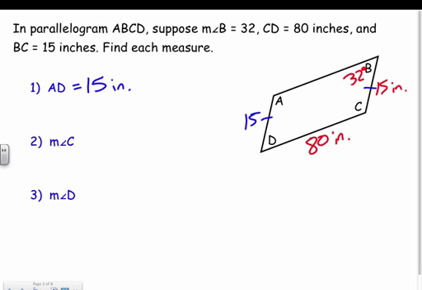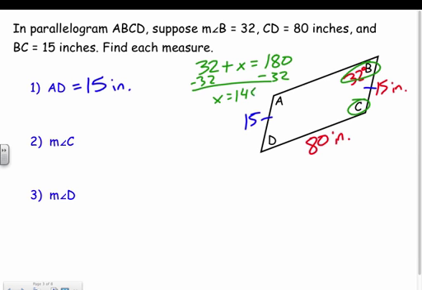Angle C, well, if B is 32, I know that C and B are supplementary because they're consecutive, so they add up to 180. So 32 plus the measure of angle C, I'll call it X, adds up to 180. If we subtract 32 from 180, we end up with 148. So the measure of angle C is 148 degrees.